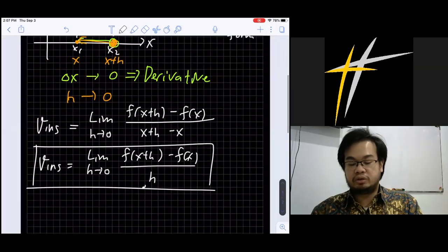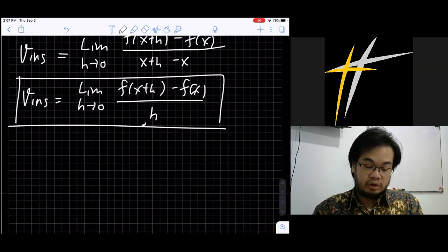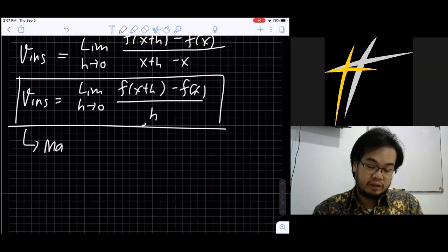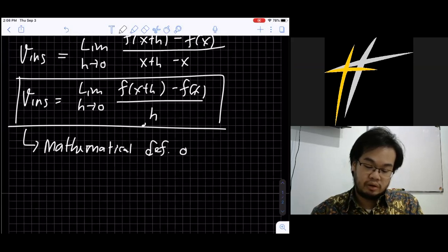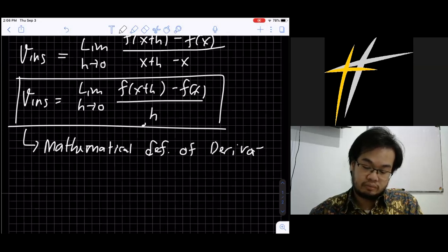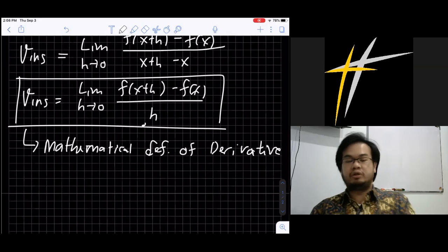So this is what is called the mathematical definition of derivative. Okay, you need to memorize.